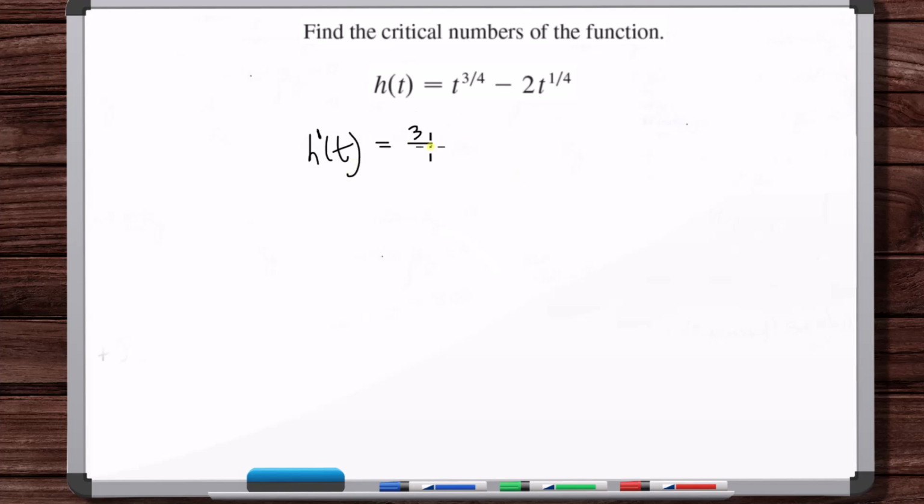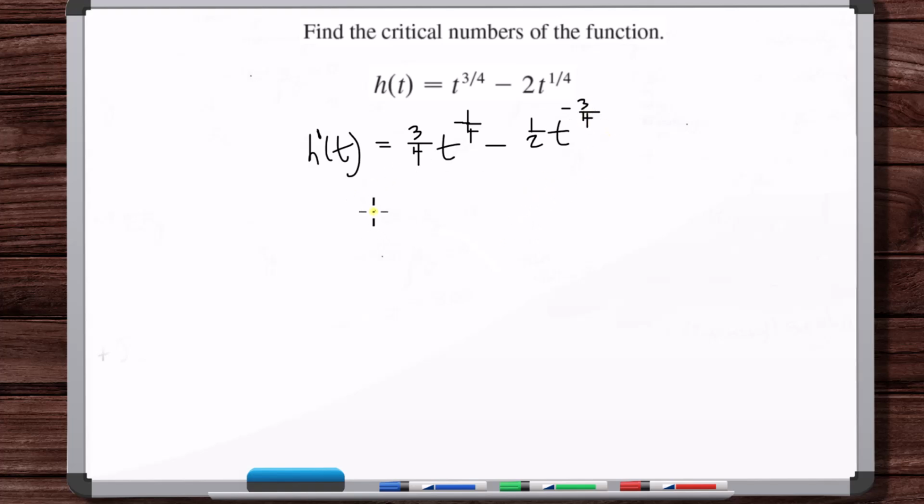We've got 3/4 t, so 3/4 minus 1 is minus 1/4, minus 2 times 1/4 is 1/2. t to the 1/4 minus 1 is minus 3/4.